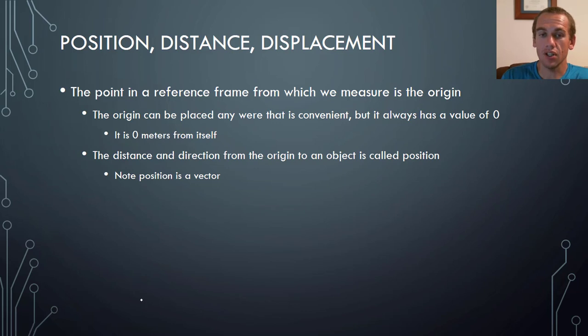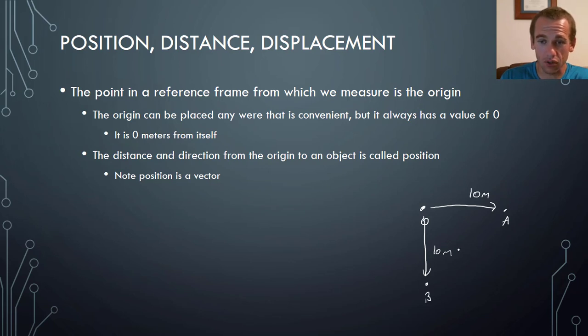That means position is a vector, which makes sense because if I have a reference point here and another object over here, here's my reference point, it's 0, here's object A. It can be 10 meters here, or it could be 10 meters here. This is a different position. It has to be a vector because I have to give not only how far it is from the origin, but in what direction.